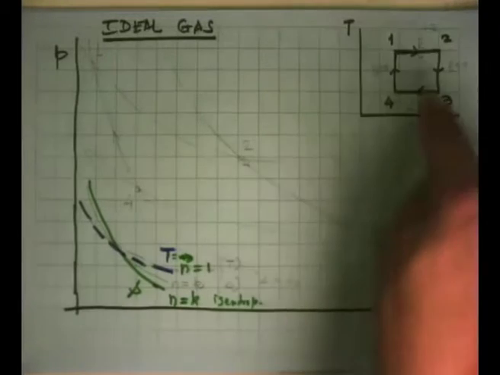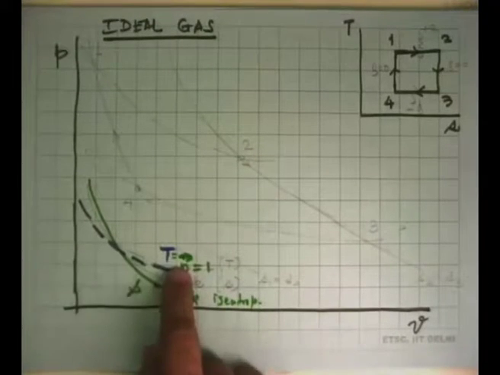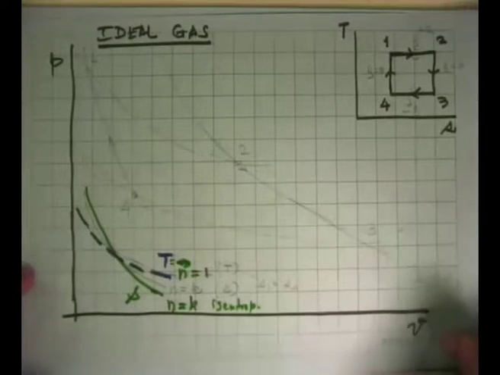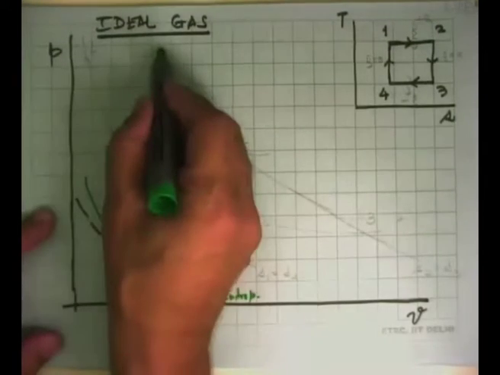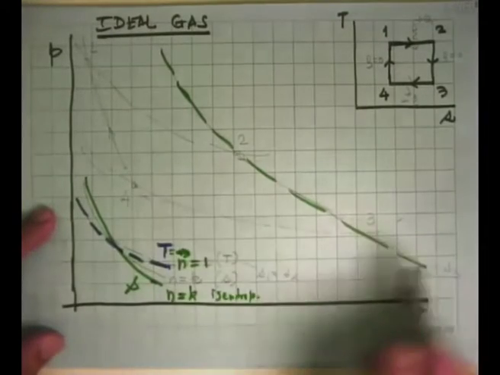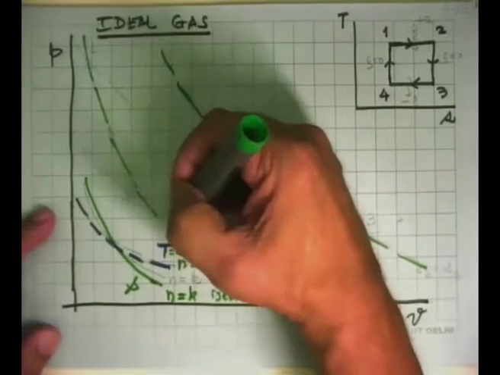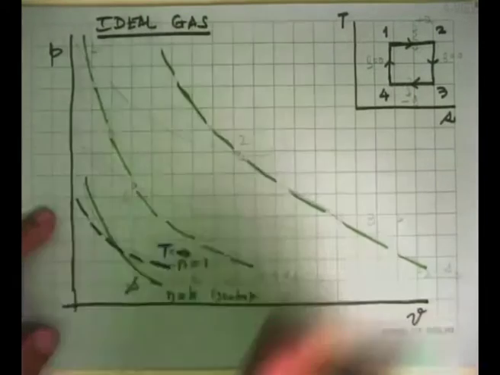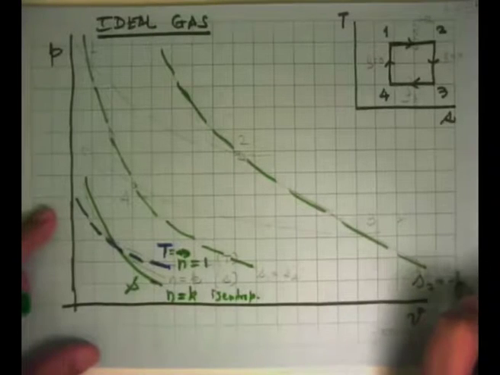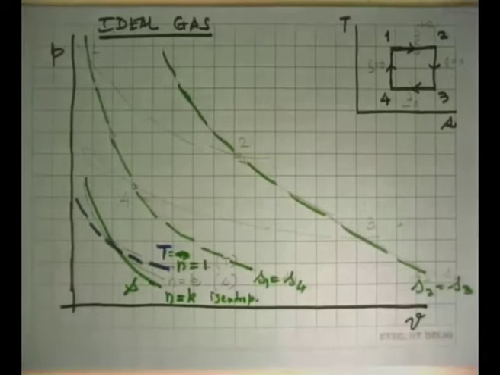What it tells us is that to show this cycle, I need to make two isentropics and two isothermal lines, and that's what I've drawn here. So the isentropic lines are here. This is one isentropic line and this is the other one. This is S2 equal to S3, this is S1 equal to S4.